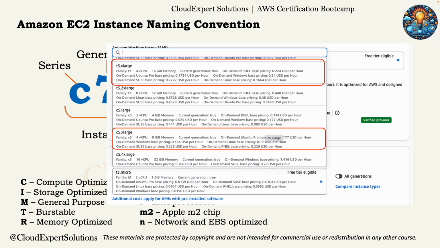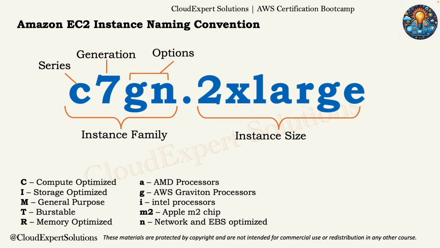So based on the family, the large or extra large, the CPU and RAM combination will also vary. When you combine the instance family and the instance size, it becomes the instance type.